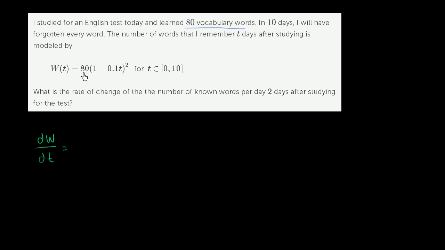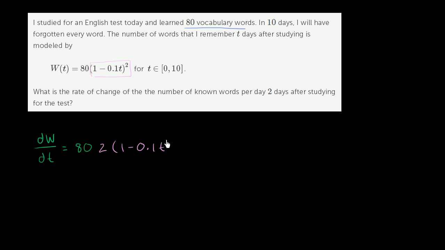It's going to be equal to, well, we have this 80 out front. That's just a constant. And now I can apply the chain rule right over here. So the derivative of (1 minus 0.1t) squared with respect to the expression 1 minus 0.1t is going to be 2 times (1 minus 0.1t). I'm essentially taking the derivative of the whole expression squared with respect to the expression.